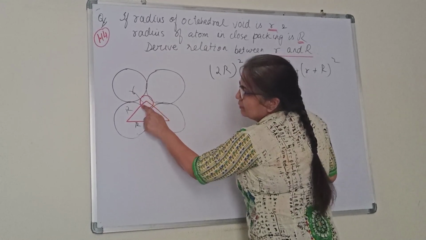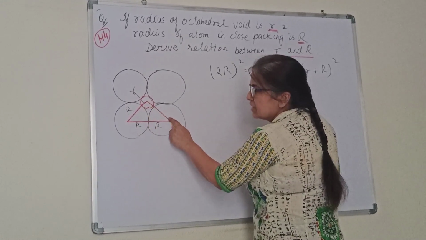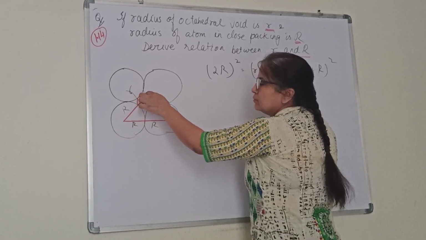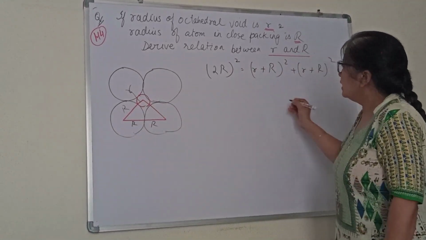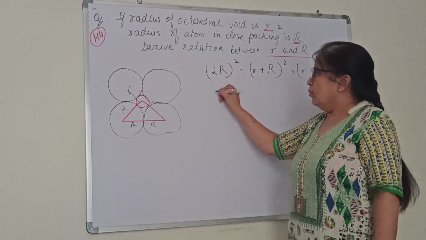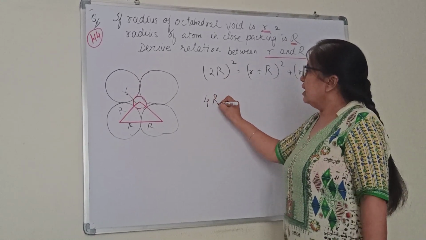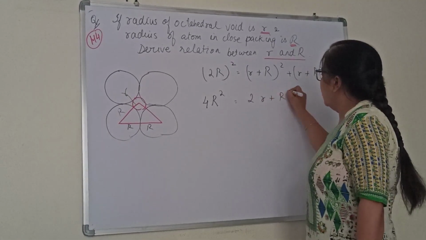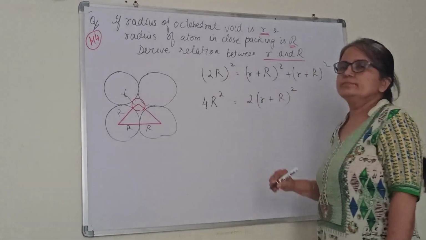This is R plus r, this is also R plus r, this is 2R. So I can open this up and write 4R square is equal to 2(R plus r) whole square.